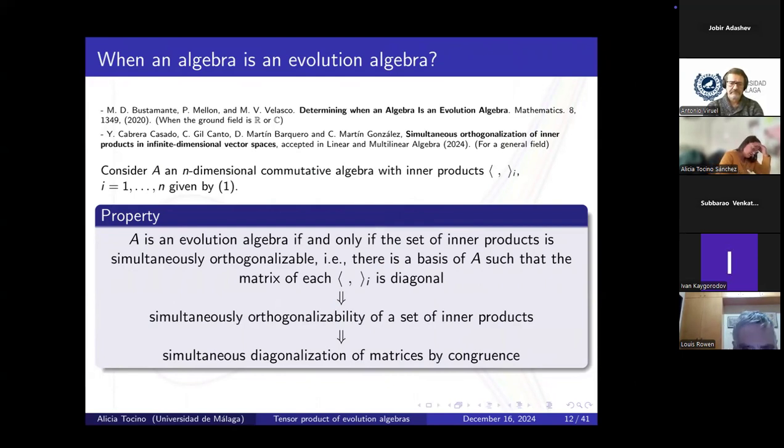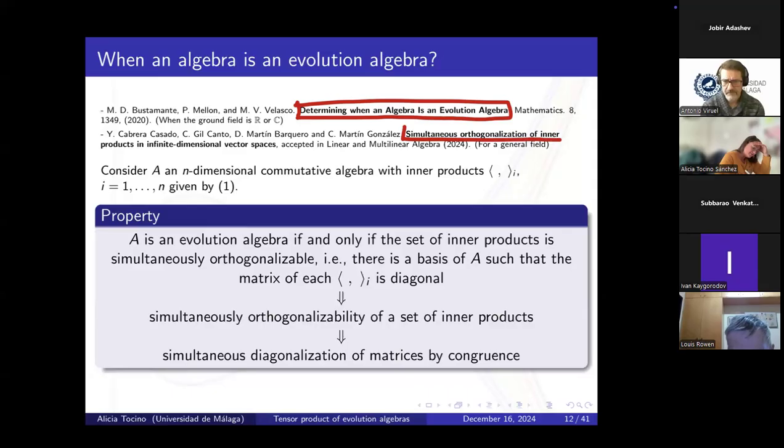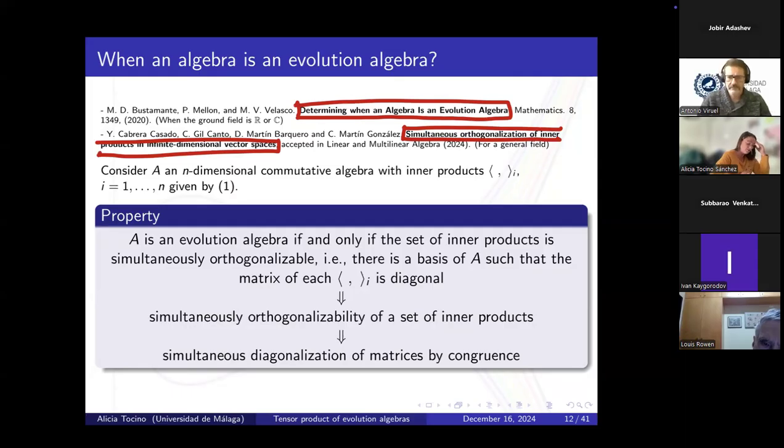This is described in the article Determining when an algebra is an evolution algebra of Bustamante, Mellon, and Velasco, but this is only when the ground field is R or C, and also is described in Simultaneous orthogonalization of inner products in infinite dimensional vector spaces, but for a general field. And this last one is from Yolanda Cabrera Casado, Cristóbal Gil Canto, Dolores Martín Barquero, and Cándido Martín González, which is a continuation of the previous one.